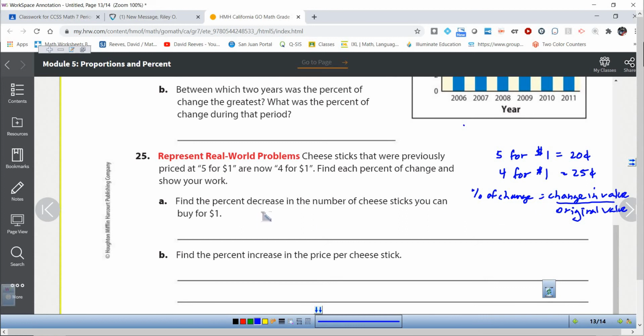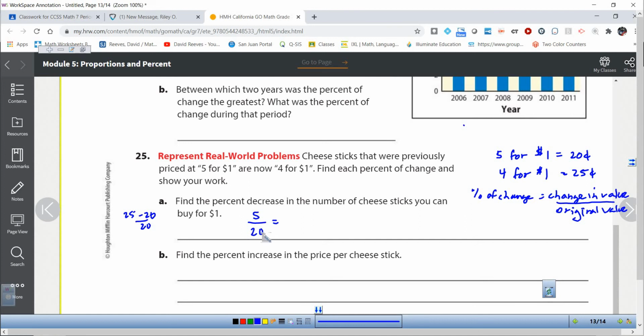Well, it went from 20 cents to 25 cents. So the change in value was 5 cents over the original value, 20 cents, because it was 25 minus 20 over 20. Probably should have written that. Again, let's do this one without a calculator.